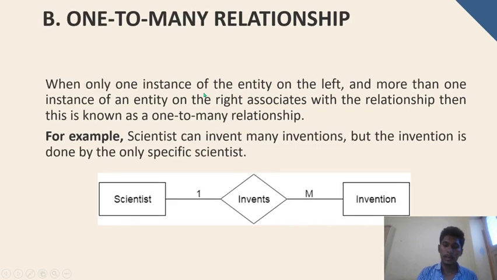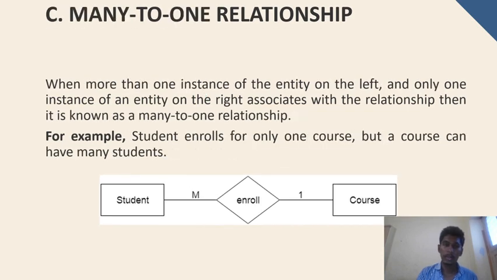As we said before, when many instances of an entity on the left have only one instance of the entity on the right side, it is called a many to one relationship. For example, a student can enroll in only one course; once he has joined the course, he cannot join another course.